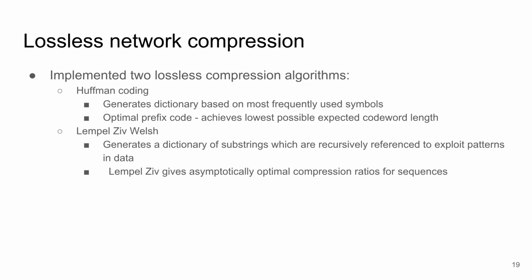And so in that way, it can greatly compress our data set. And again, just a theoretical nuance is that Lempel-Ziv will actually give you the asymptotically optimal compression ratio for sequences. So these are two lossless compression algorithms, and we did apply them on our kernels.